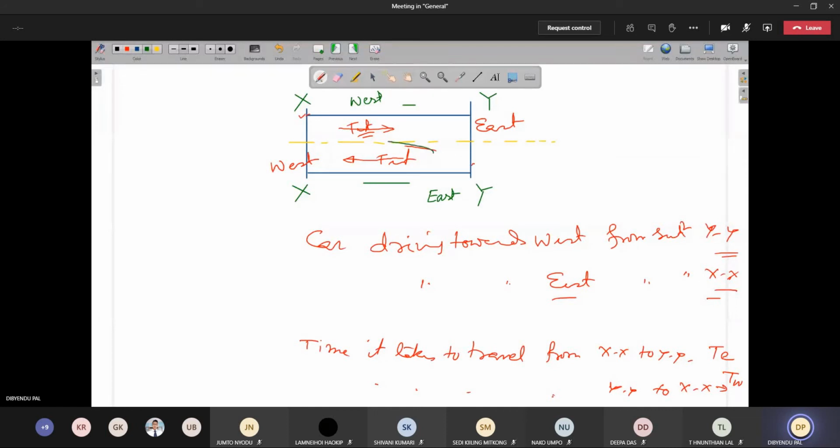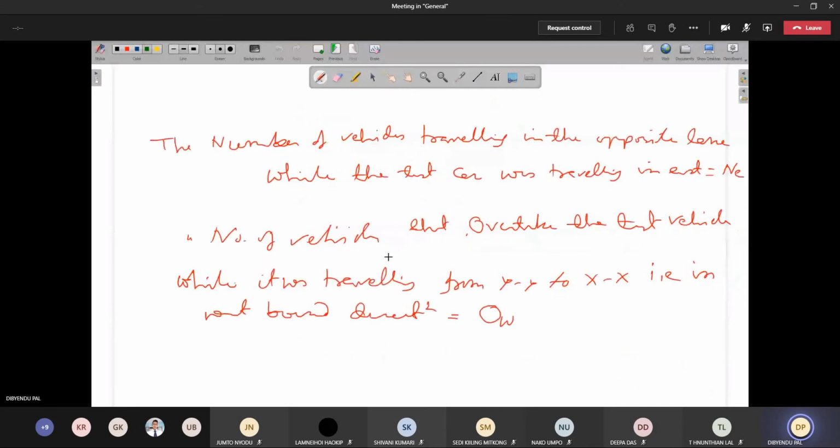Okay, this number I am denoting as OW. The number of vehicles that overtake the test vehicle while it was traveling from YY to XX, that is in westbound direction, is given as OW.